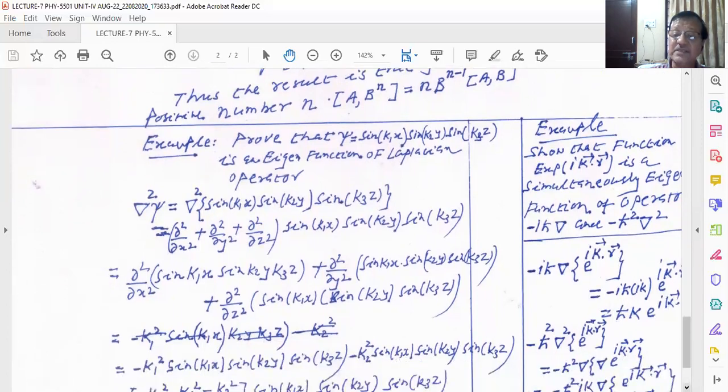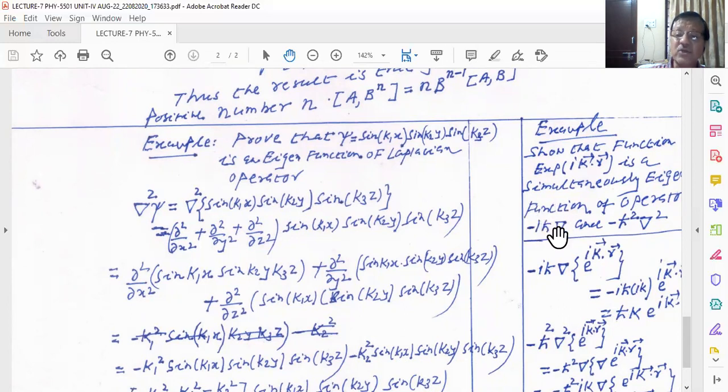So for the first operator, minus i h cross del, what is the eigenvalue?